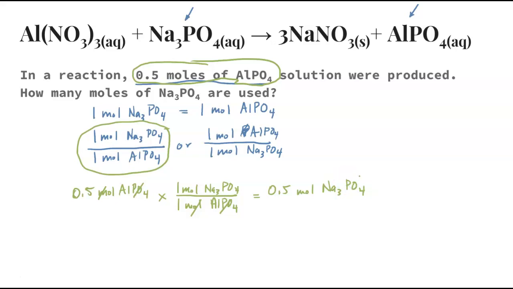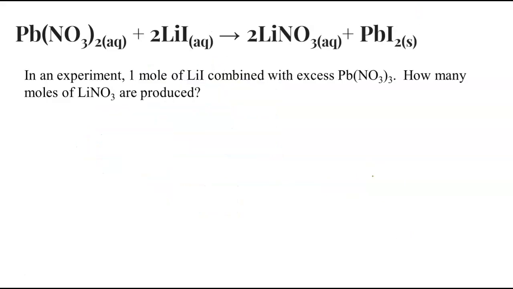Okay, so those conversion factors and that dimensional analysis allows you, without a whole lot of thinking, to figure out the proportions of what you need. So we're going to try a couple more. I'm going to go ahead and stop here, where now I'm going to have you try it, and then I will give the answer.